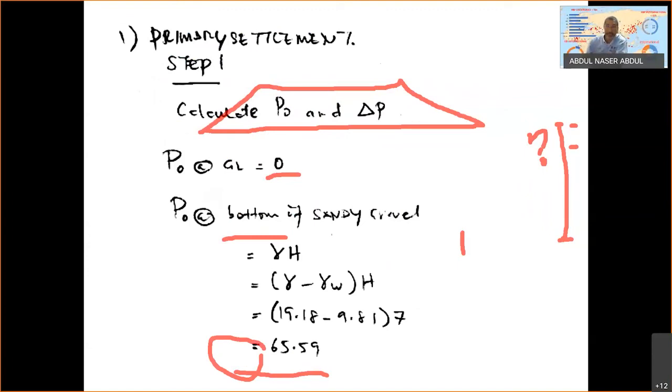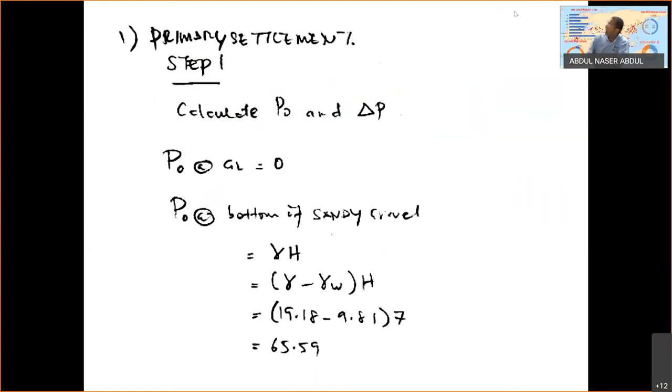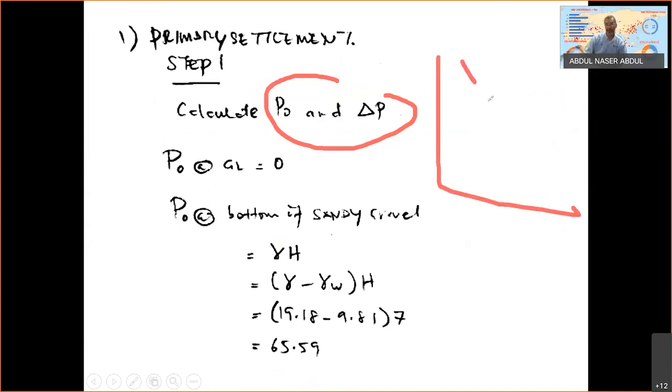So these are the steps of the calculation. Step 1, calculate P naught and delta P. Meaning you need to draw the P0 diagram. Calculate means you draw the diagram, right?